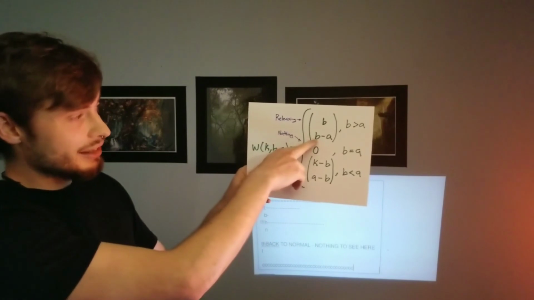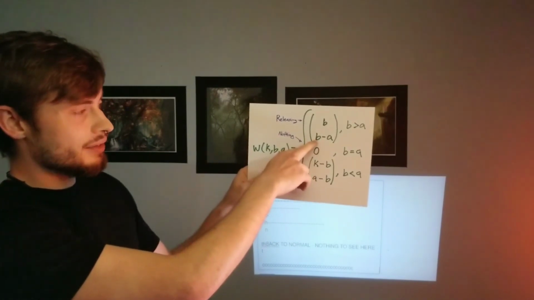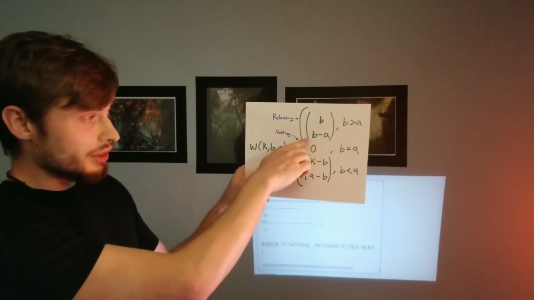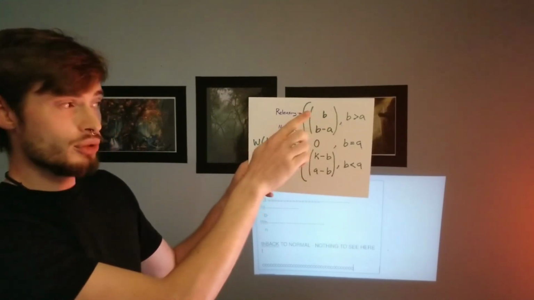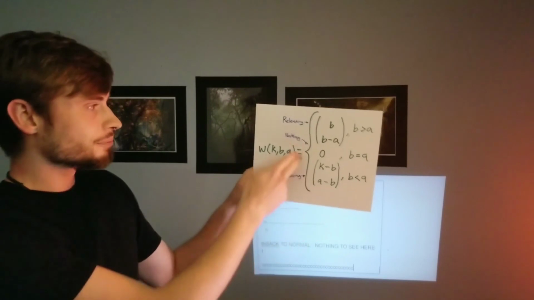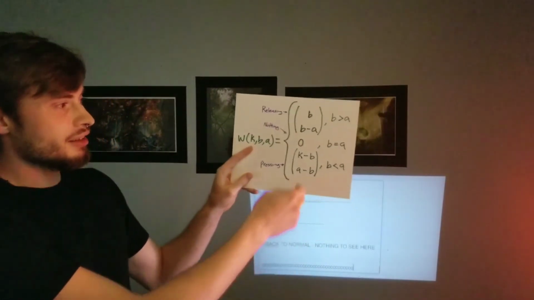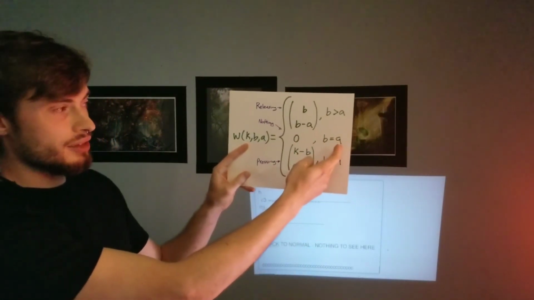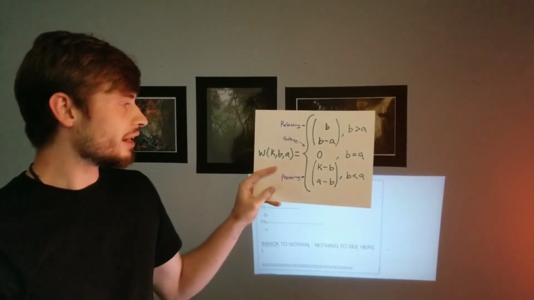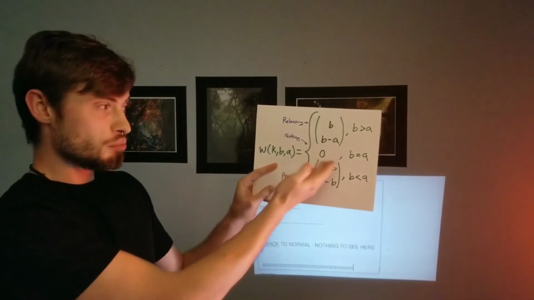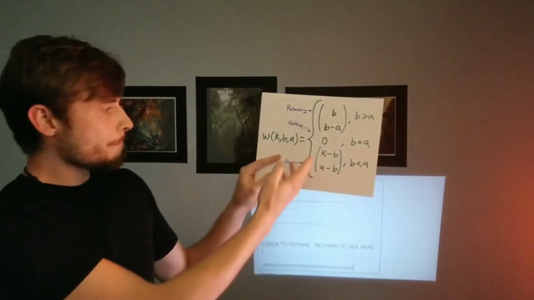And then you select from that the number of keys you pressed before, subtracting the number of keys you have pressed after gives you the number of keys that you released. So then if B is equal to A, as we've already seen, there's no transition. So it's 0 possible ways.